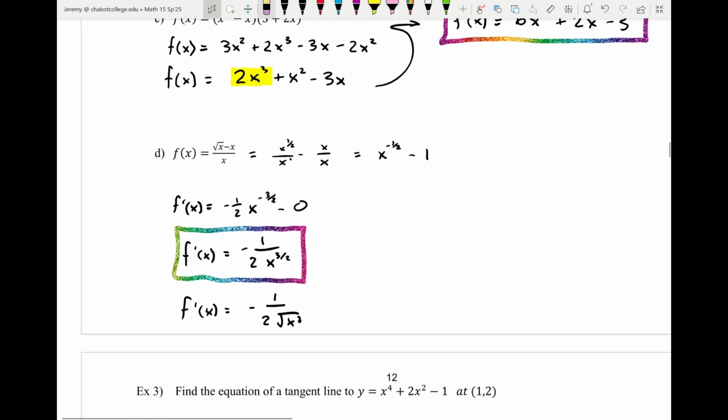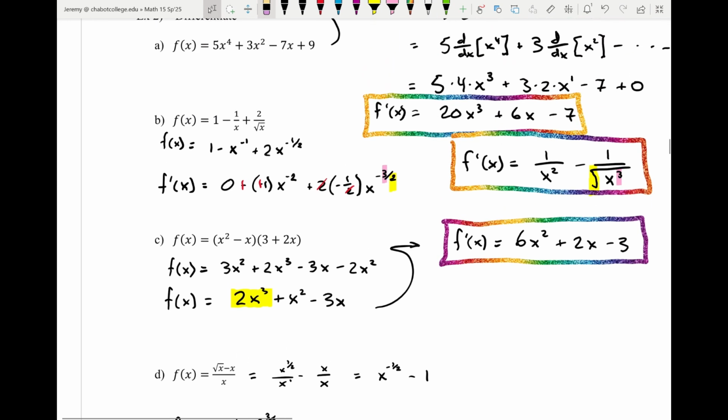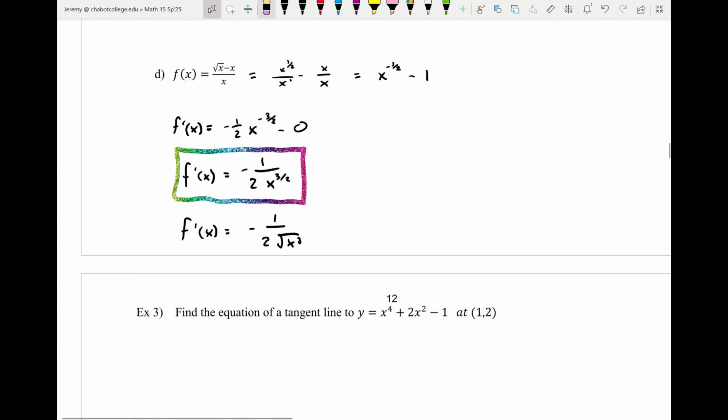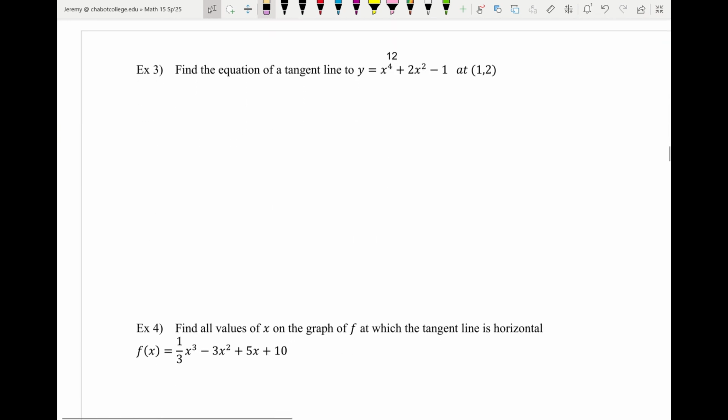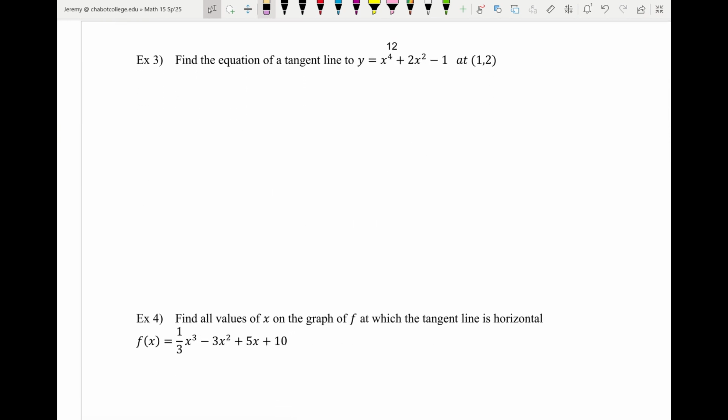Great. So just a few examples there, getting used to applying all of these various rules of differentiation that we have. Example 3, we want to find an equation of a line tangent to this function. We have a 4th degree polynomial, x to the 4th plus 2x squared minus 1, at this point (1, 2).